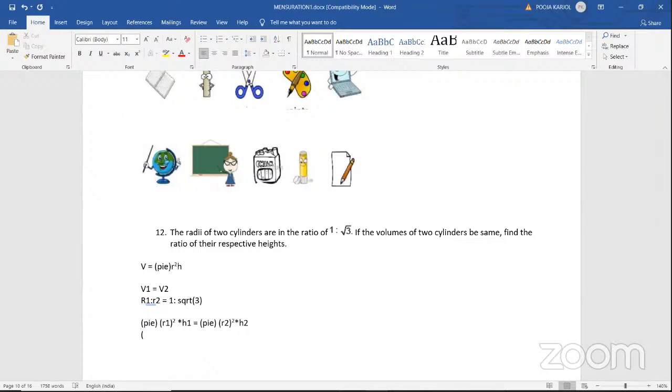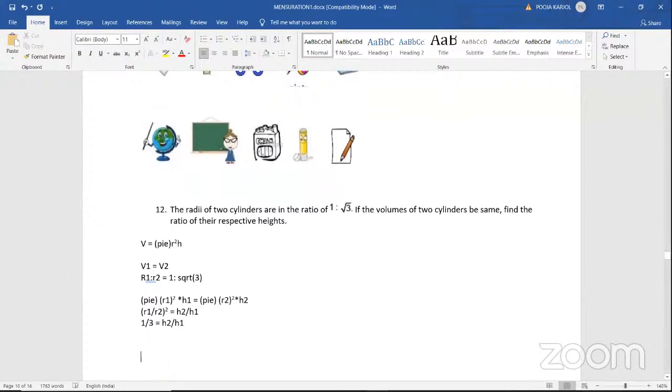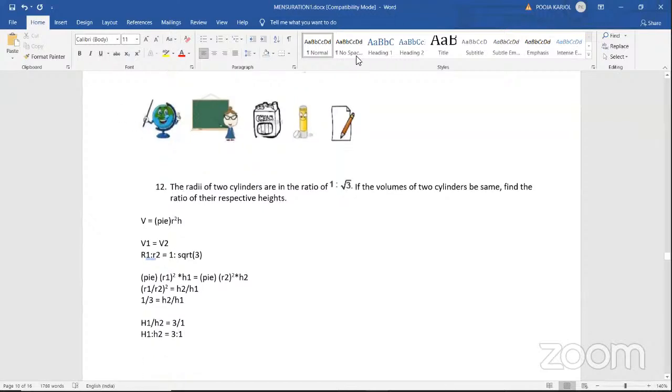So R1 by R2 the whole square is equal to H2 by H1. R1 by R2 the whole square will be 1 by 3, which is equal to H2 by H1. But they have asked for respective heights as you guys did. It will be H1 by H2, which is 3 by 1, or H1 to H2 is 3 to 1. No doubt on this? The ones who are not done?